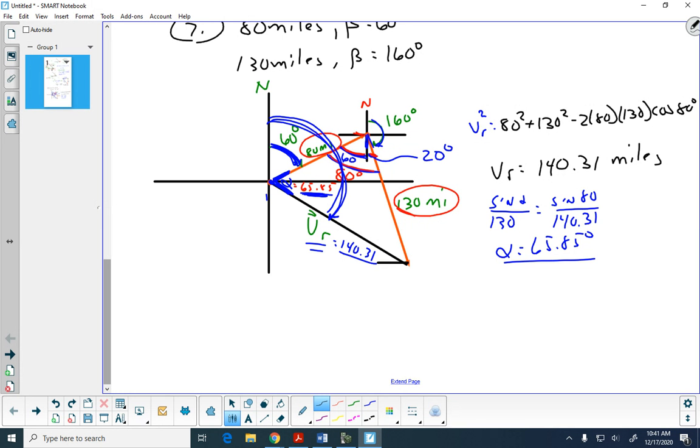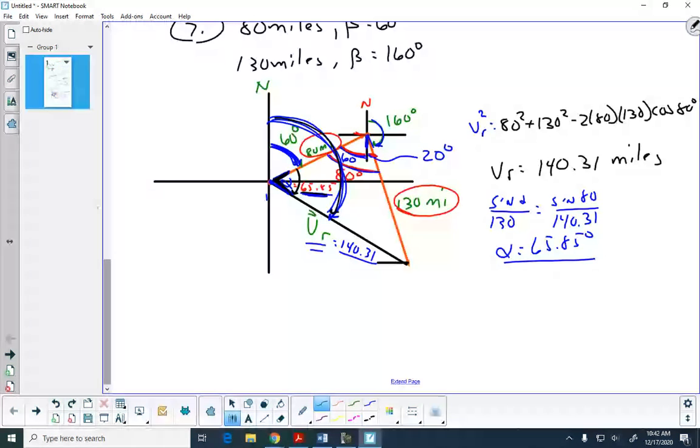Add 90. Not 90. We're going to add something to it, but not 90 degrees. 90 would be the entire angle. I already know from here to here is 65.85. So that is this rotation right here. I want to find this entire rotation all the way down.